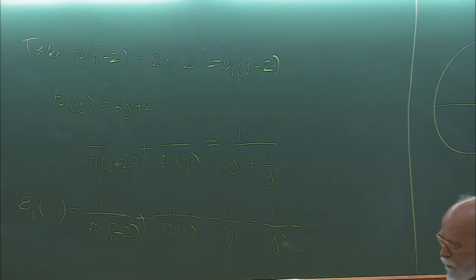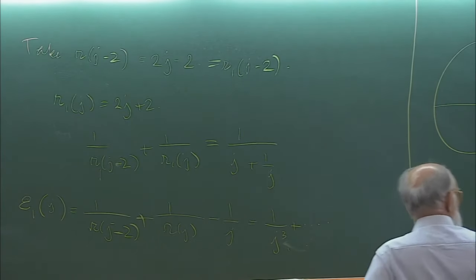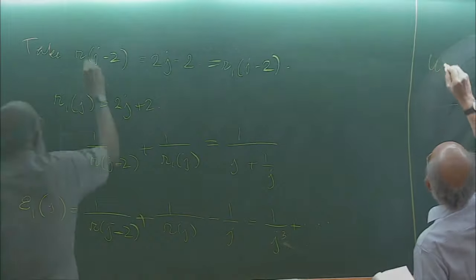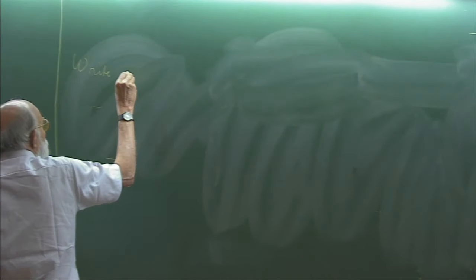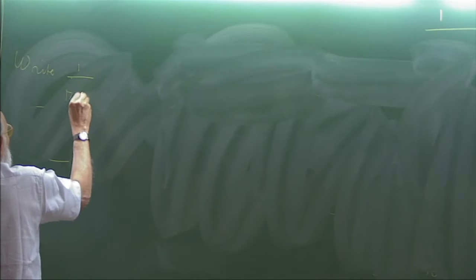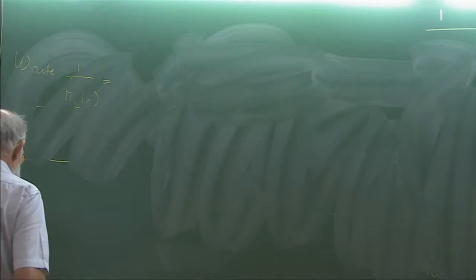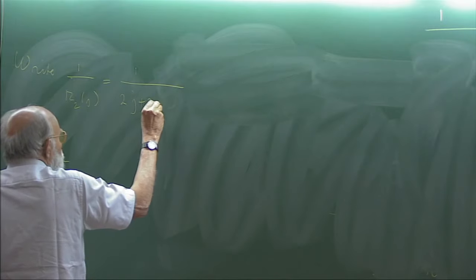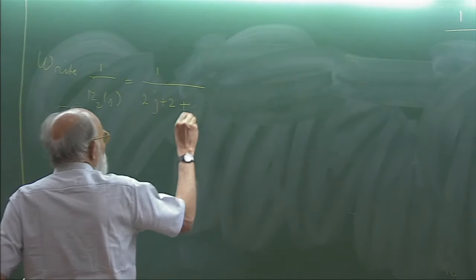Recursive refining, that is. Next step is write 1 over R2j as 1 over the first correction, 2j plus 2, plus 1 over xj.